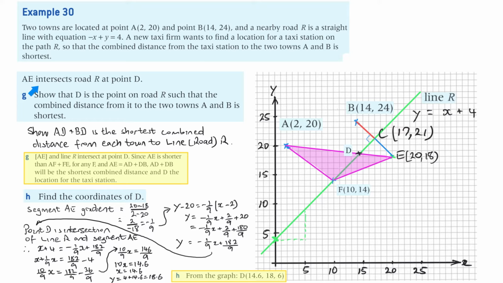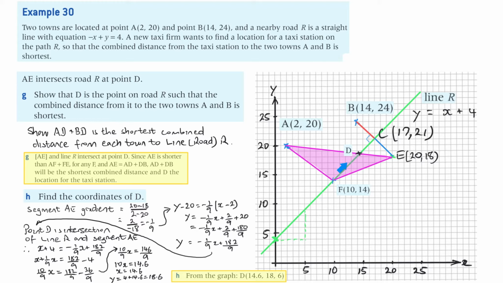Next one, they told us that AE intersects road R at point D. Show that D is the point on the road such that the combined distance from it to the two towns A and B is shortest. So it's at that point that if you add up the distance to there and this distance as well, then this distance plus that distance is the shortest combined distance.